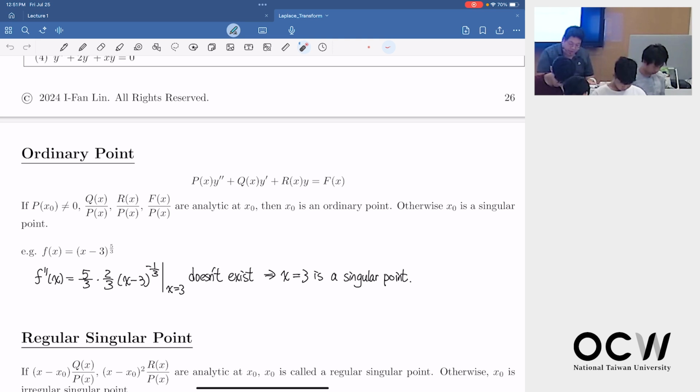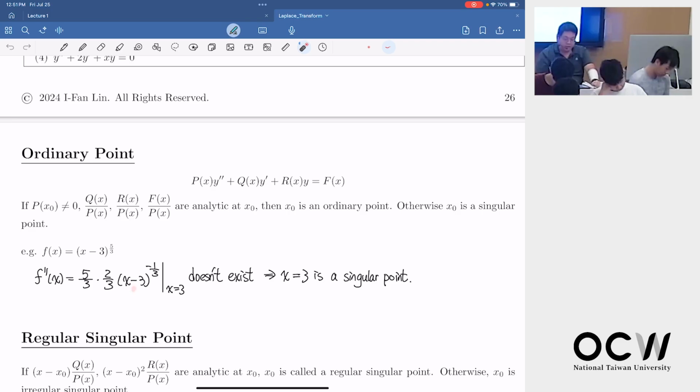For example, f of x is x minus 3 to the power 5 over 3. And then if I take the derivative twice, I will get x minus 3, with x equals 3 in the denominator.